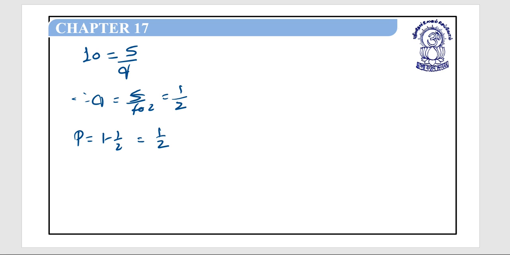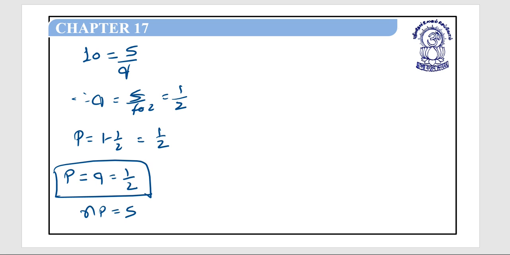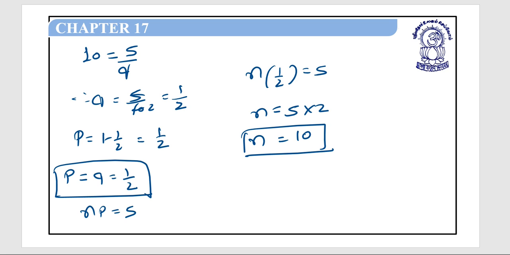So here p is equal to q is equal to 1 by 2. Np is equal to 5. So n into 1 by 2 is equal to 5. So n is equal to 5 into 2 is equal to 10. N is equal to 10.